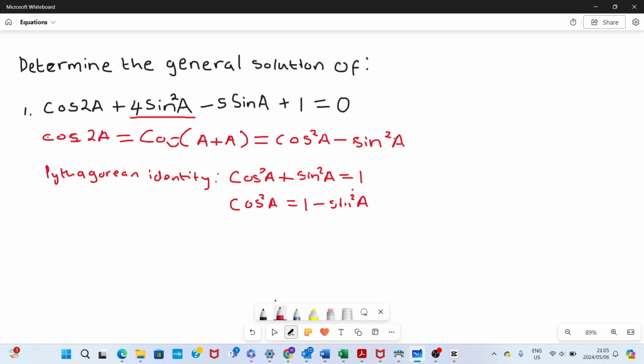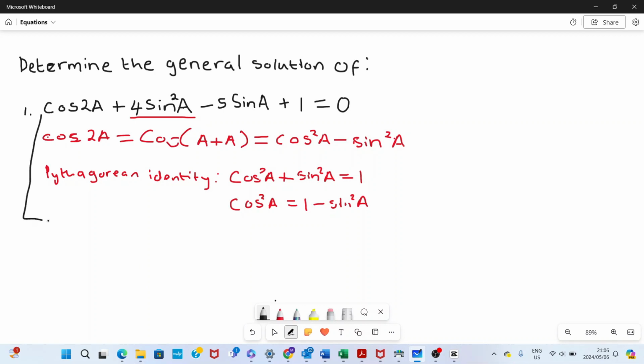Now moving back to the equation that we have, I just want us to continue from here.